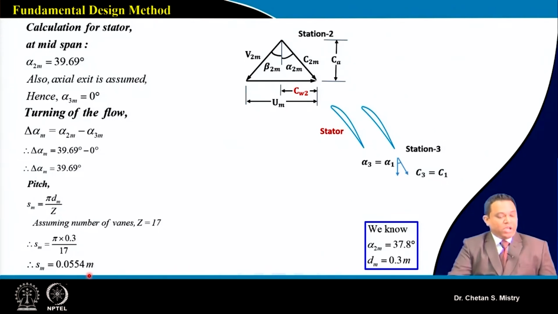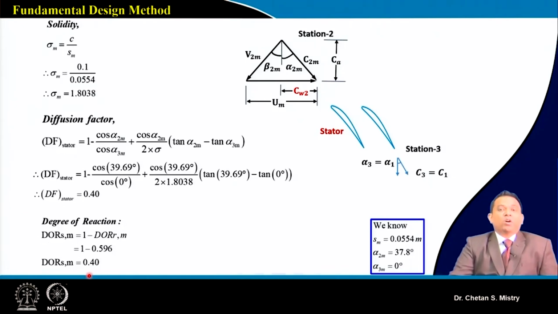Based on our available chord, which is 0.1 meter, we can calculate the solidity at the mid station, and the diffusion factor for the stator.